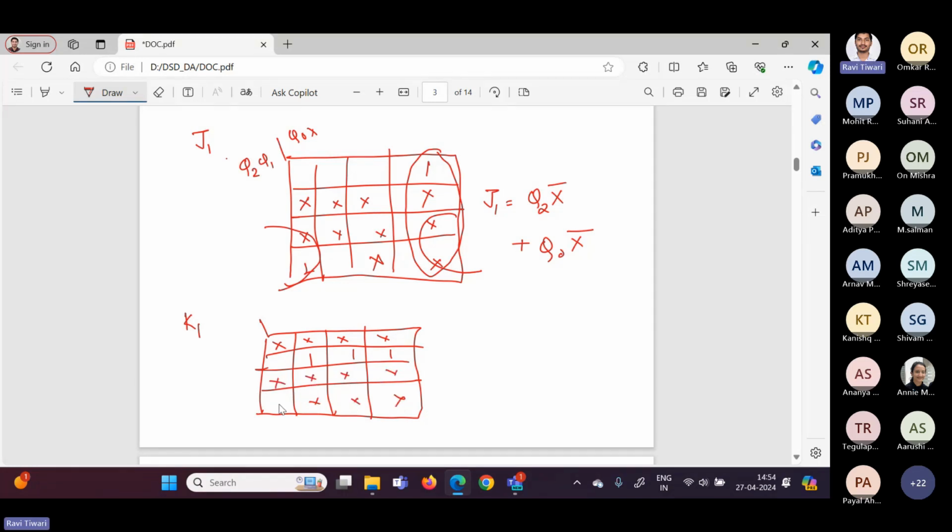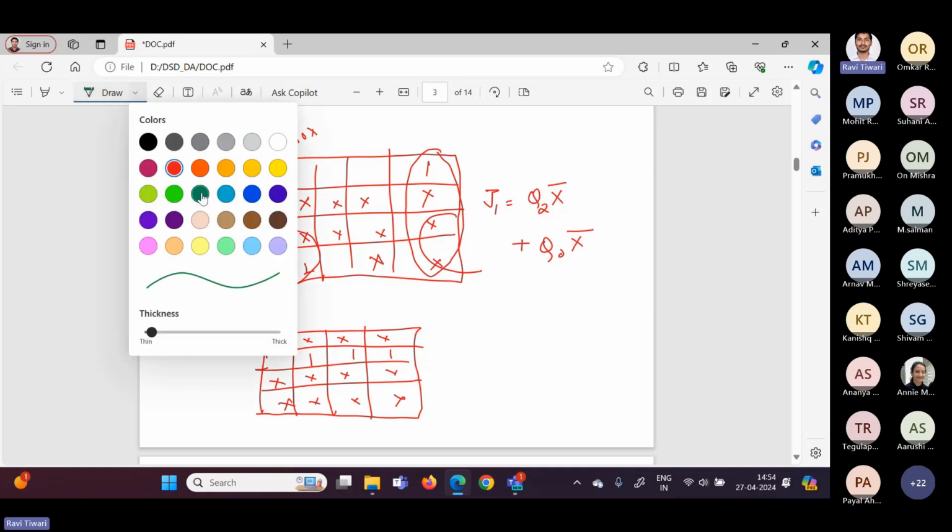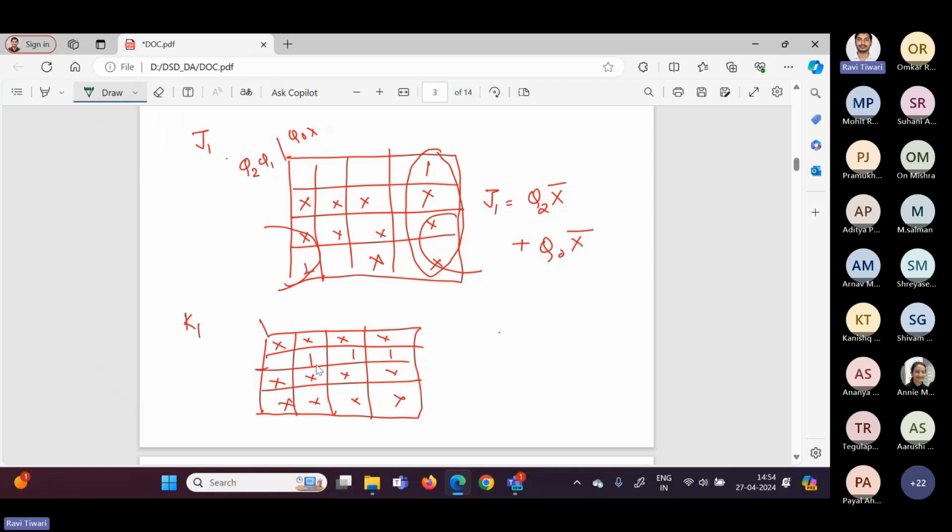So you can make it like this. Now, again, we have to make the group here. So two octals we can make, one octal like this and one octal like this. So the expression of K1 will be given by X plus Q naught, and this is the expression of K1.